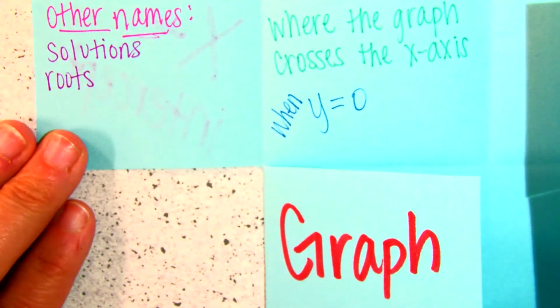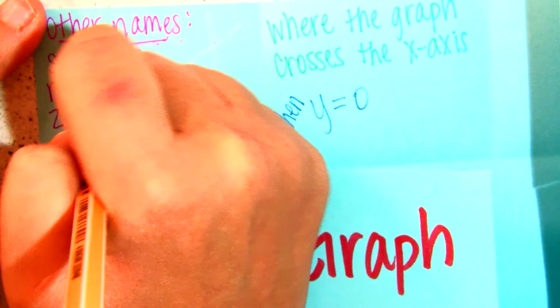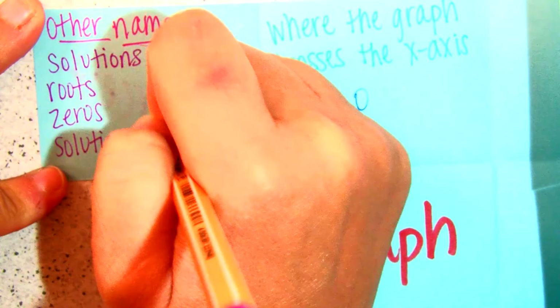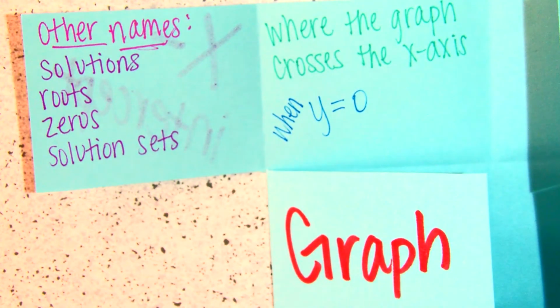It may ask you for the roots. That means X-intercept. Zeros and solution sets. Those are just other names that mean X-intercept. So if I say I'm looking for the roots, then I'm asking you for the X-intercept. If I say I'm looking for the zeros, I'm asking for the X-intercept.